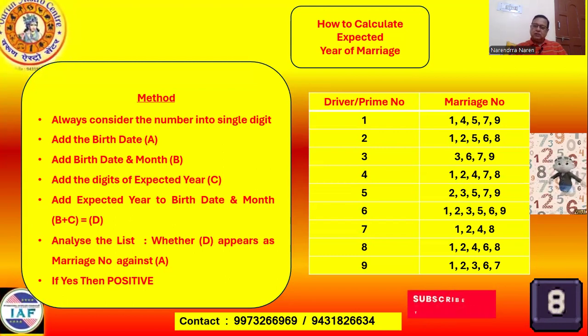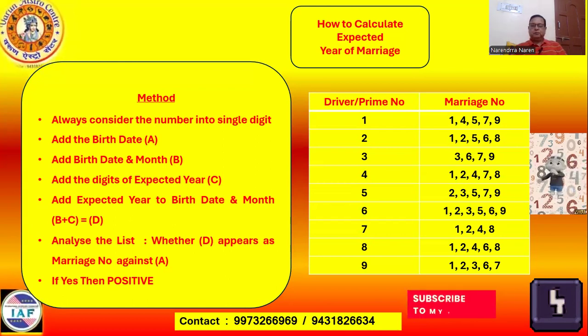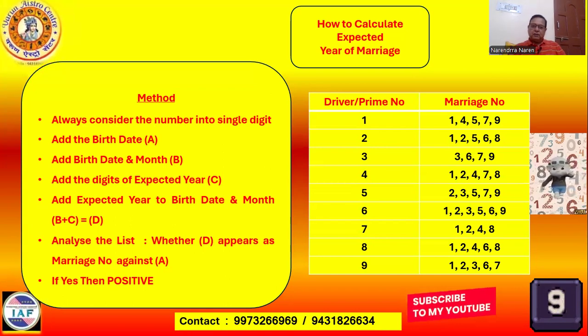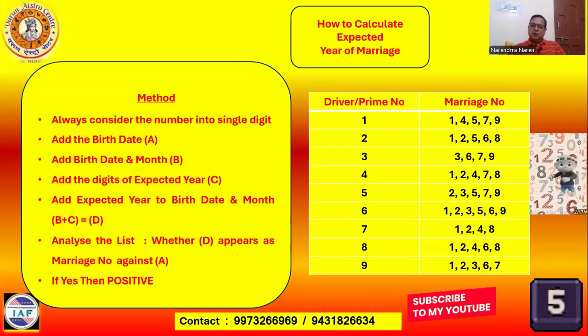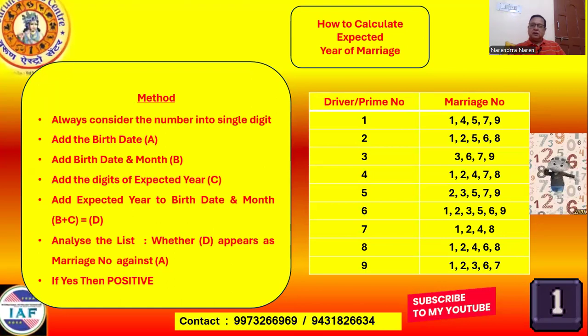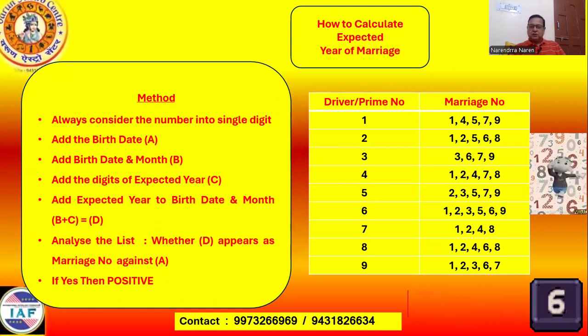When all these are together, it is treated as the personal year in numerology. If the personal year number is found corresponding to the driver number, then the result is positive.